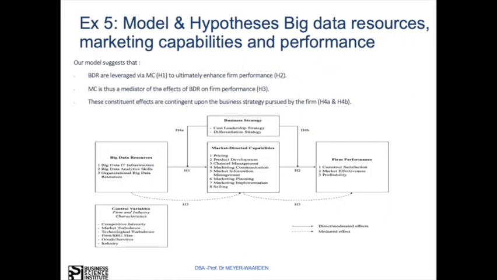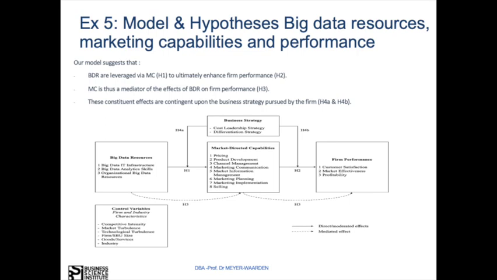Another example is this one. So we have big data resources as independent variables, which influence market-directed capabilities as mediating variables, which subsequently influence the dependent variable firm performance, namely customer satisfaction, profitability.